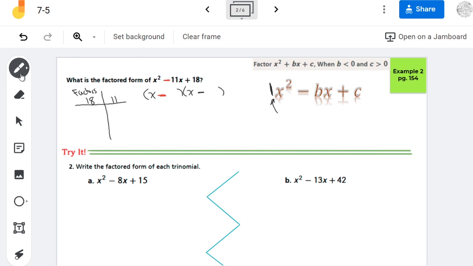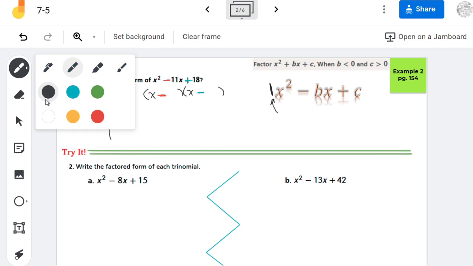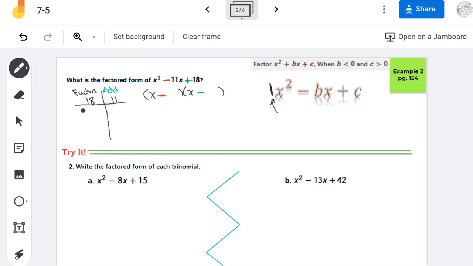I'm finding the factors of 18, and I use this second sign to tell me whether I need to add or subtract. Because that second sign is adding, I'm adding here. So the factors of 18: I have 1 and 18, 2 and 9, 3 and 6, and that should be it.